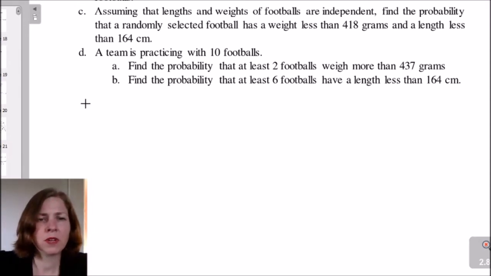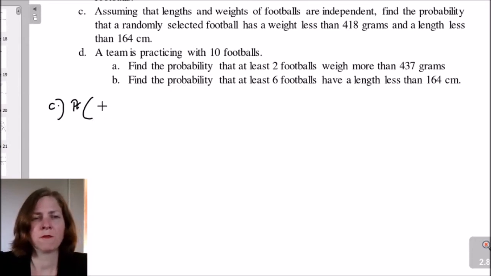Basically what I'm asked for here is the probability that, and this is why it's really important that I've defined my two variables differently, because in this example I need to use both of those variables, the weight is less than 418 grams, and that's the intersection, the length is less than 164.